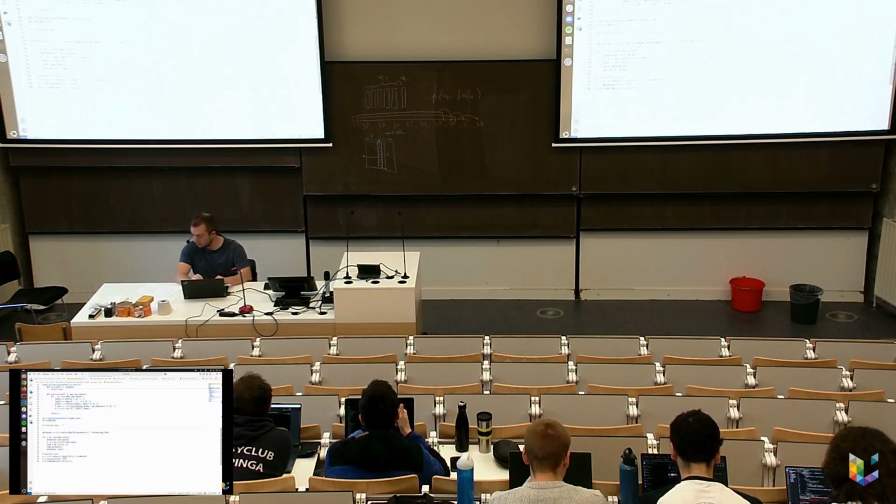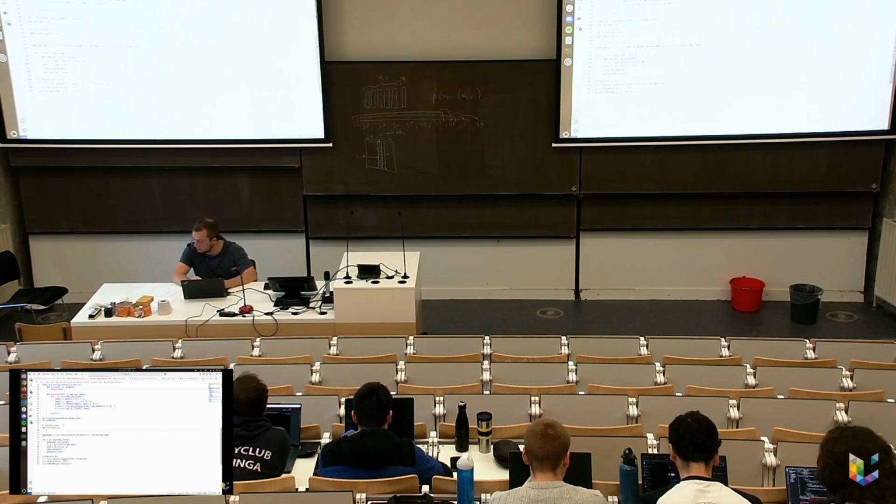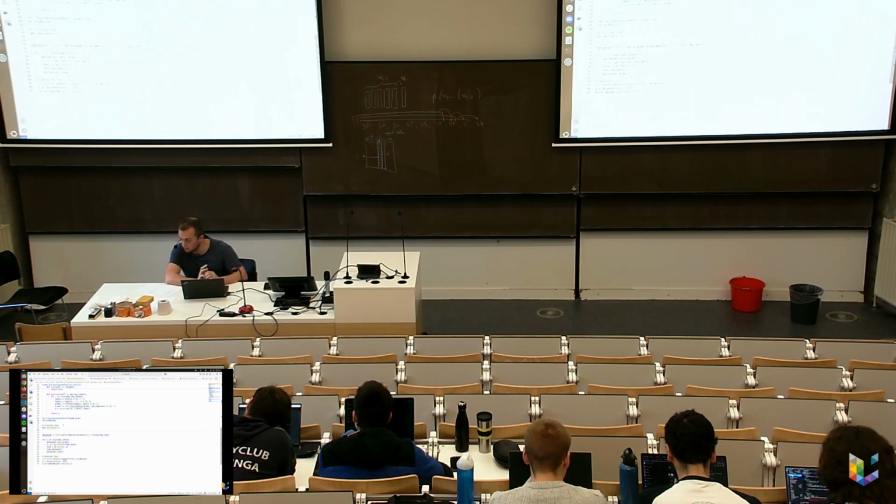So I will define an evaluation function that will take as input my model, and then we'll just make a few prints. What I will do is to basically evaluate the loss on the training set and on the validation set.